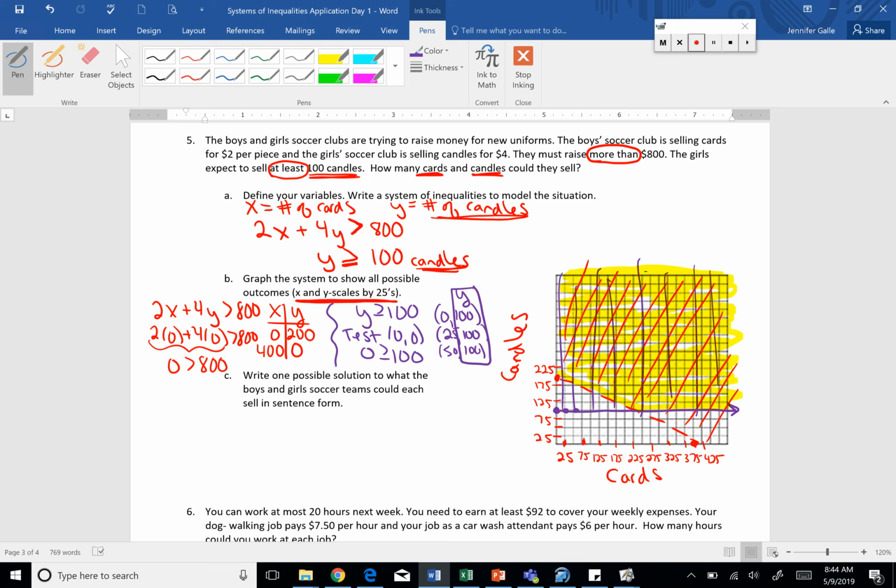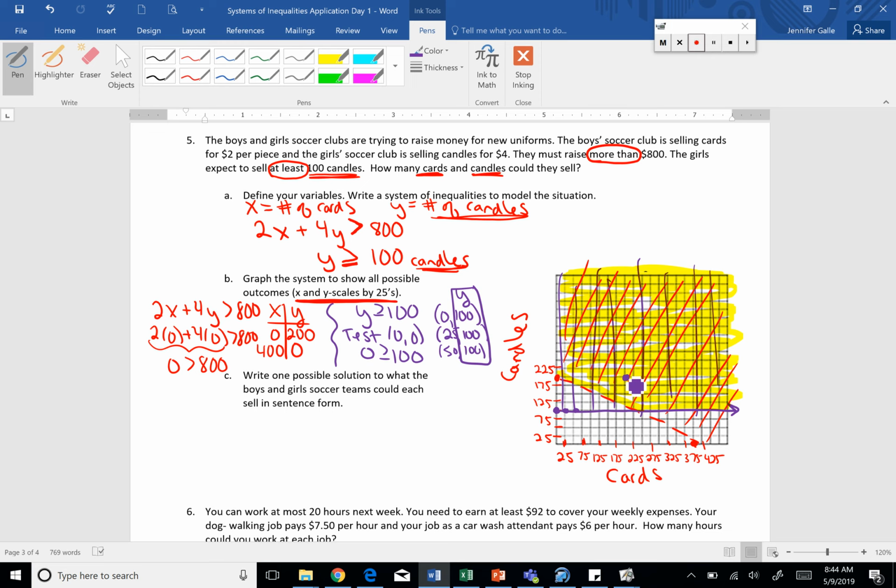So I'm going to go with, let's see, I'm going to go 200, and you know what, let's go easy. Let's go 200, 200. It's right there. Here's where you have to be very careful. When you change your scale, you have to make sure when you pick out your ordered pair, it's matching.